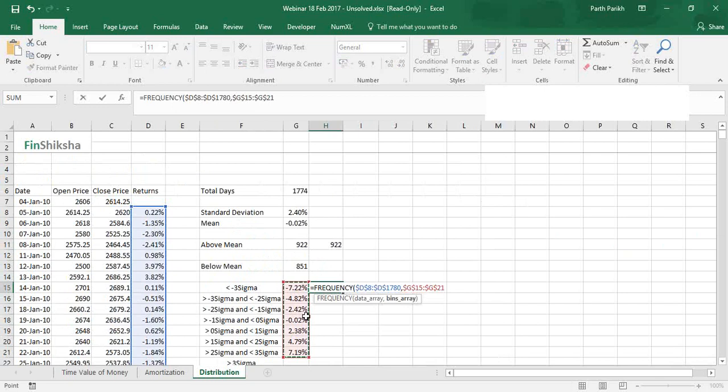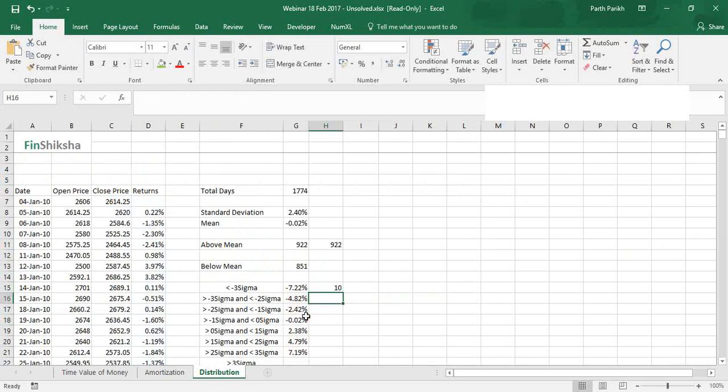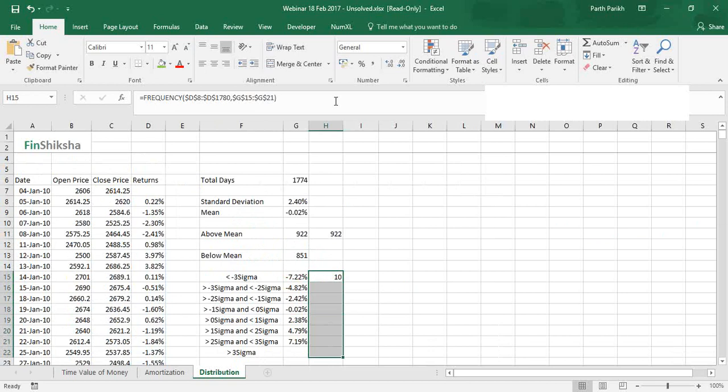I will close the bracket. It doesn't solve the purpose yet. I have to select all the ranges, enter the formula, and press Ctrl Shift Enter. Then it will give me all the values as an output.